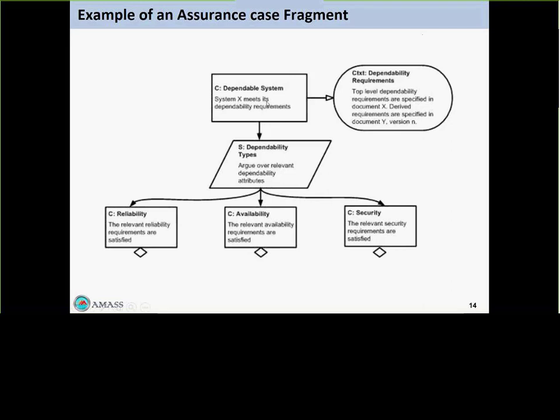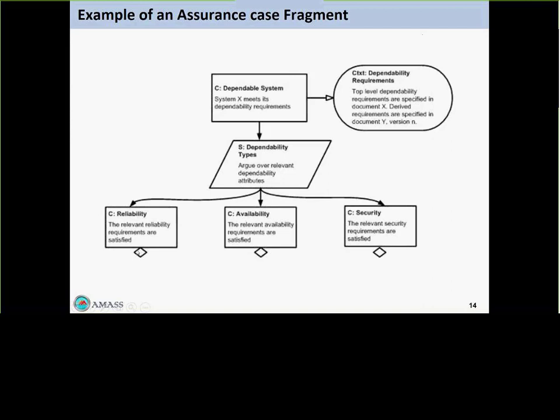How are we going to argue about this dependability? Well, here we have our strategy. We will argue over the different dependability attributes: reliability, availability, and security. So for dependability, we will need to deal with all three.